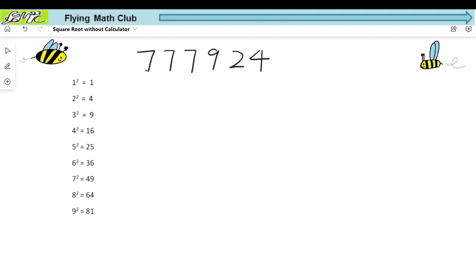Now let's try an even bigger 6-digit number. 777,924. Separate in two parts. Part A, 24. The left as part B. 4 is its last digit number, so the possible square root digit number could be 2 or 8. Part A is finished.